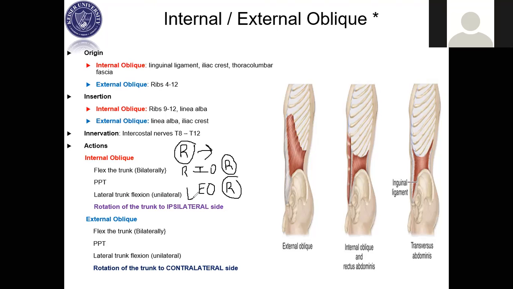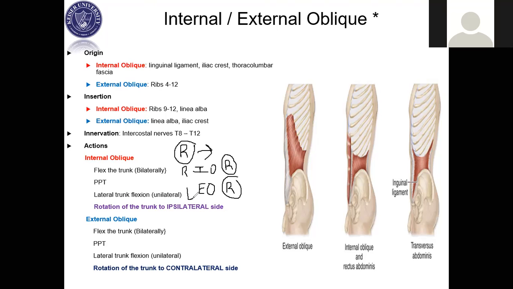Here is my right internal oblique. Here is my left external oblique. If I rotate my trunk to the right, my right internal oblique and my left external oblique contract to rotate my trunk to the right.